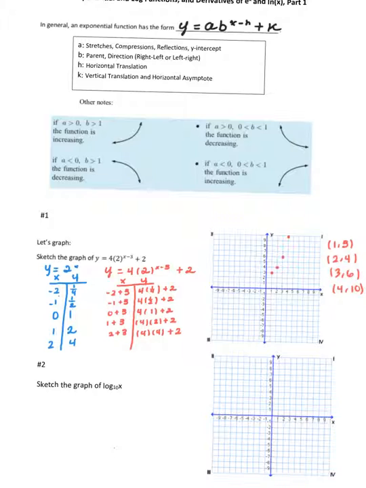So I'm going to go ahead and draw in my horizontal asymptote, and then I'm going to connect the dots. All right, so not hard.